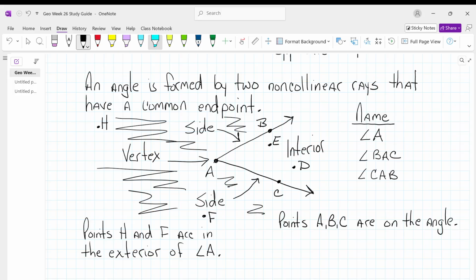All right, so turn to page 38 and look at the top. Key concept, classifying angles.